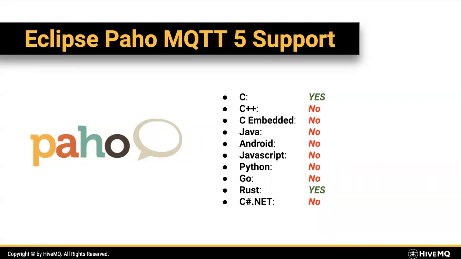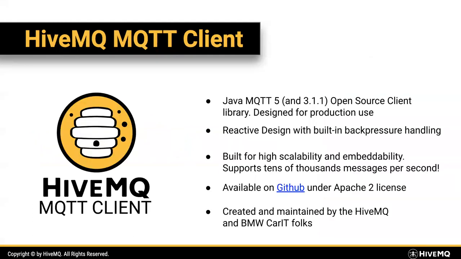But there is a Rust and a C client out there for MQTT 5, which is very nice. There is not a Java client out there. For a Java client, an alternative which we developed together with BMW, with the car IT people from BMW, we created an Apache licensed open source MQTT client library designed for production use in mission critical environments.